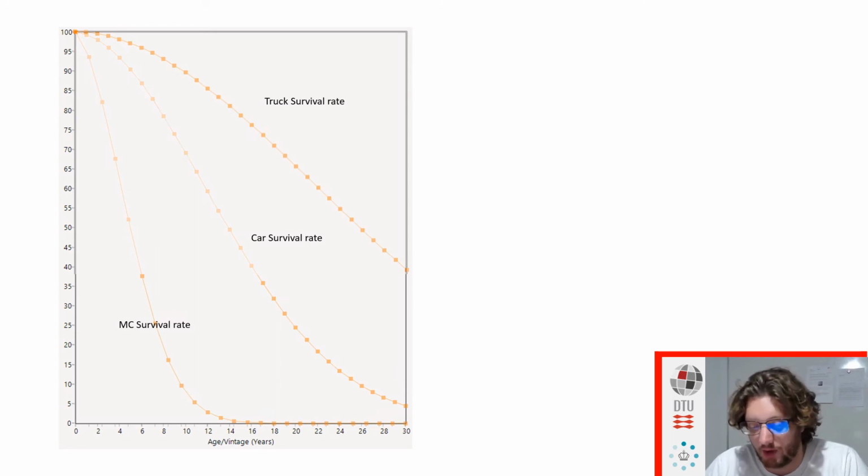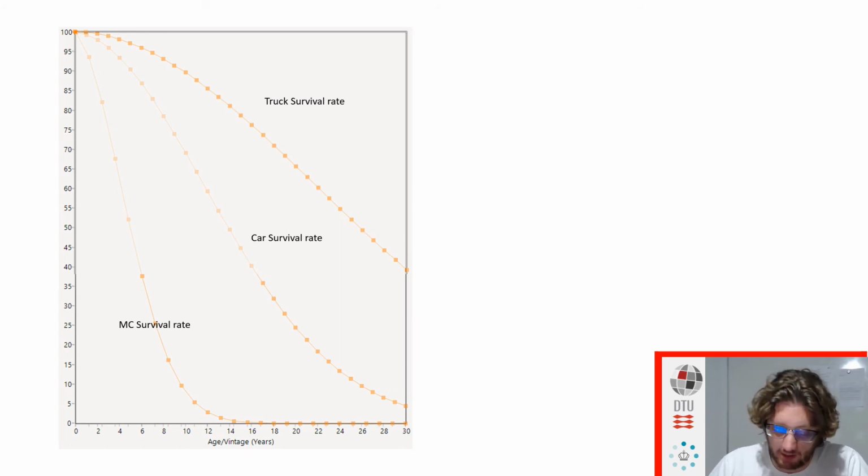So here we have 3 different survival rates. I think that's the same as we showed in the last video. But these really show the differences between the different types of vehicles. This, I think, is an example from Indonesia, where we have their much beloved motorcycles. They don't quite last that long.